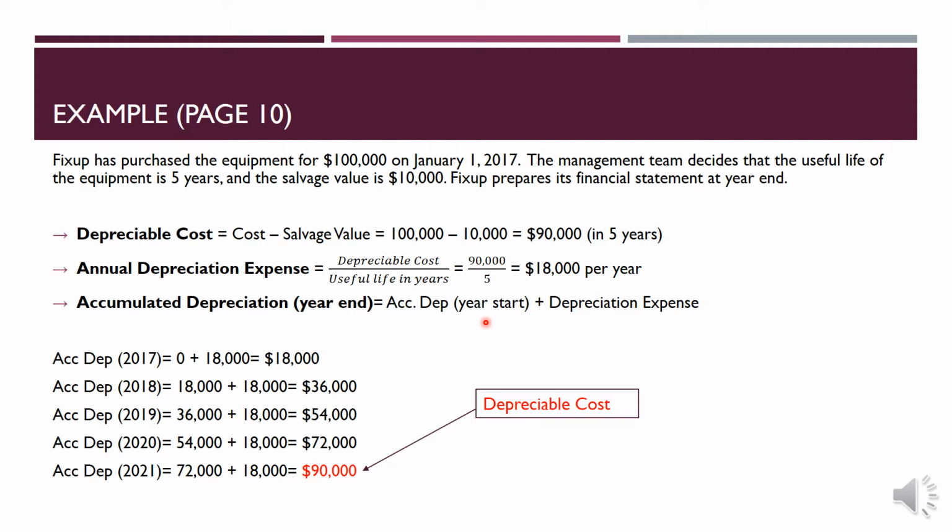The next year, at the end of 2018, the company will have an accumulated of $18,000 plus the 18 of this year, so we will have a total amount of $36,000.